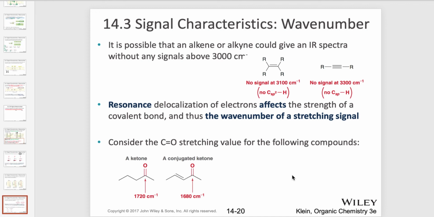Something else that's a bit of a drawback is that you might have a double bond or a triple bond in your structure, but it will not show. This has to do with symmetry. Remember how we needed bond polarity? So if this is symmetric, then we will not see the sp2 hybridized carbon-hydrogen bond.